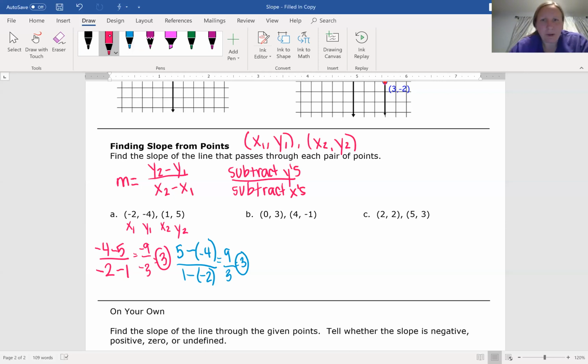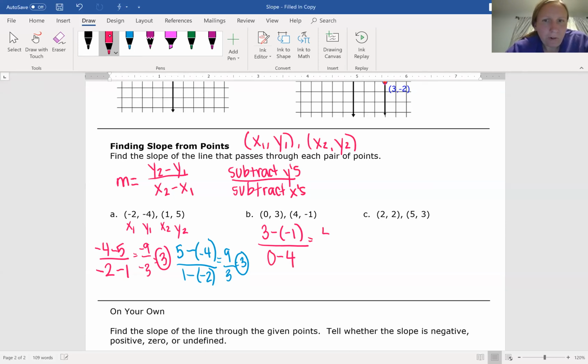Okay, let's do b together. I kind of like to see which one makes more sense. Sometimes there's no good option. But here I think I like 3 minus -1. So I'm going to start with that. So I subtracted my y's. And on the bottom, if I started with this y, then I must start with this x, and it's 0 minus 4.